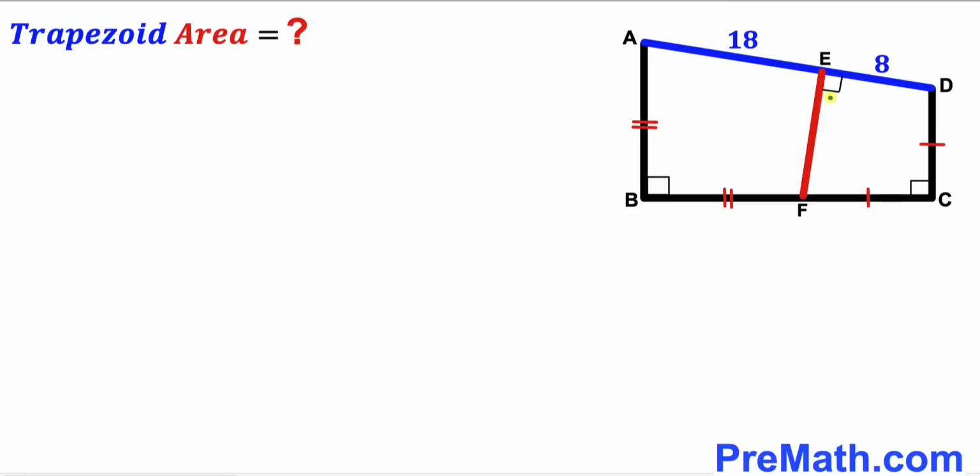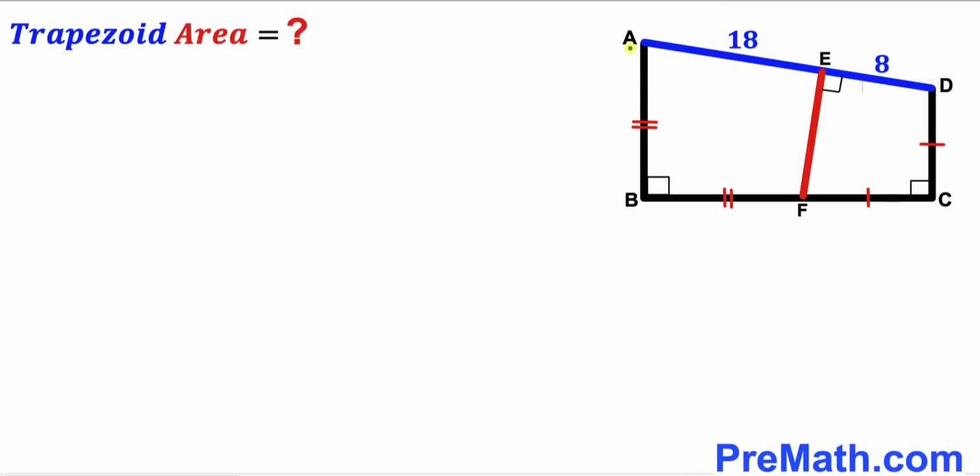We have this trapezoid ABCD along with this segment EF that is perpendicular to this side AD, as you can see in the given diagram, such that this segment AE length is 18 units, whereas this segment ED length is 8 units.